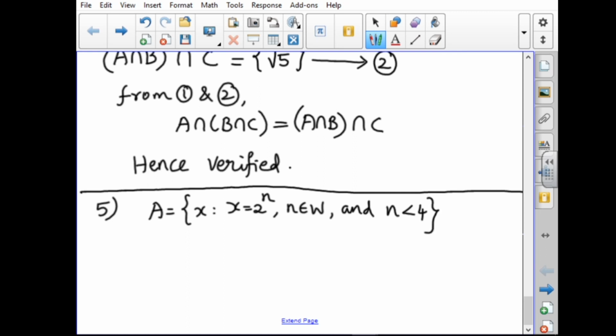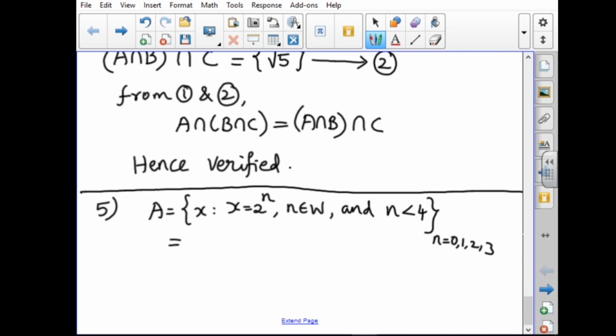So what values are possible? N less than 4 means n takes the values 0, 1, 2 and 3, because 4 is not included.